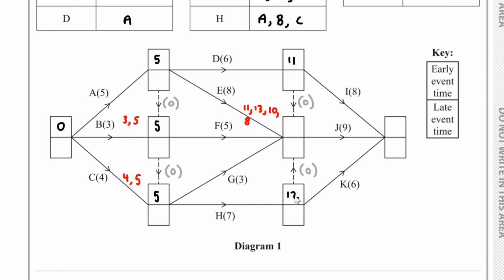We could have the 12 plus the 0, which is 12. The largest one, that will be the 13. And if we consider what goes here, well, we've got 11 plus the 8, which is 19. We've got the 13 plus the 9, which is 22.